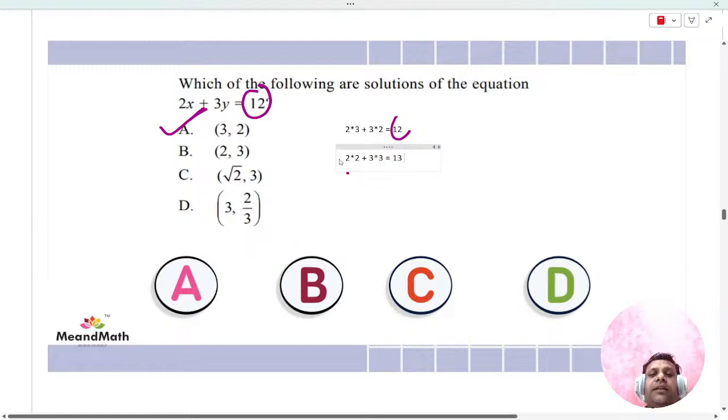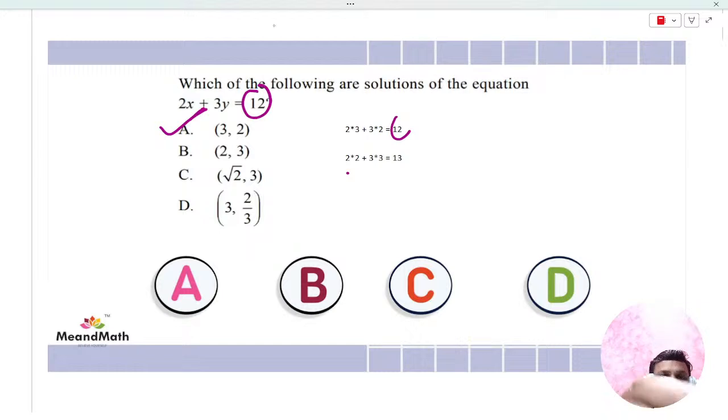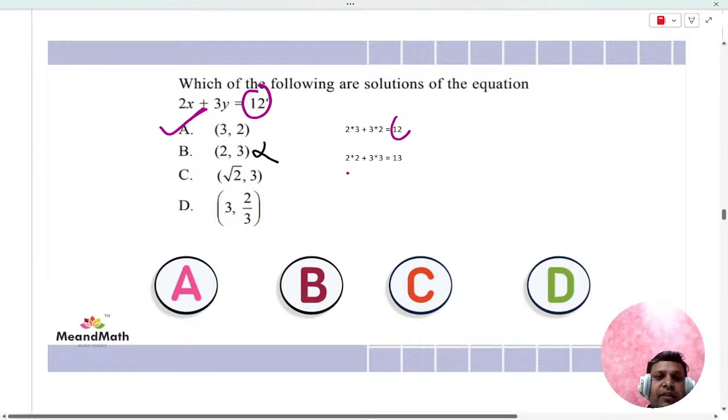The answer is 13. So this one is wrong. थर्ड ऑप्शन गलत है, वो हम डिस्कस कर चुके हैं.